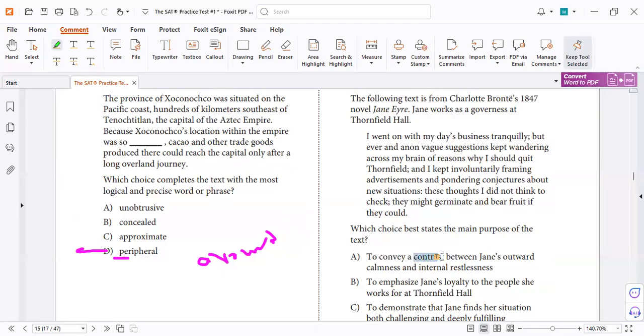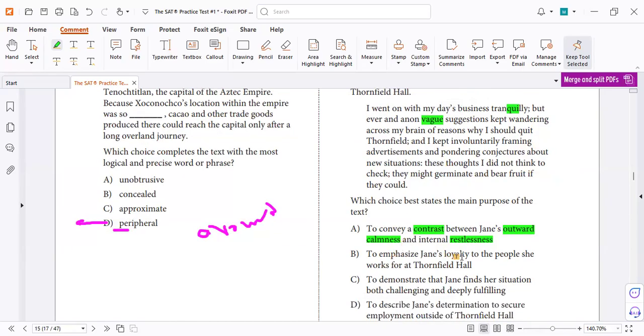Is it a contrast? Do you have any comparison, contrast between outward calmness and internal restlessness? You should find evidence. Look, tranquility, remember? Quiet. He said here, my day's business tranquility, yes, outside. But look, a non-vague suggestion kept wandering across my brain of reasons why I should quit. This is opposite. Next, he said, I did not think to check, and then he just has something suffering. So it's conflicting ideas.